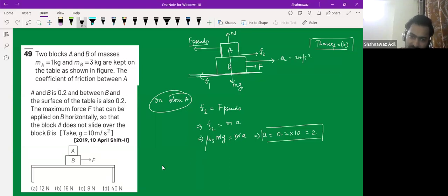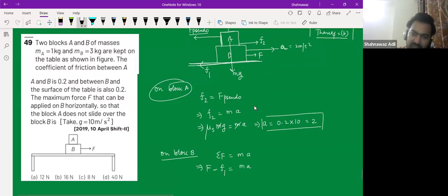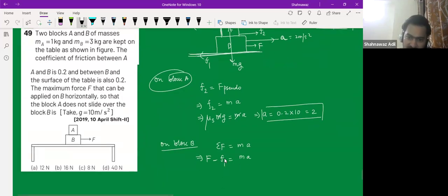Now, if we write the free body diagram on block B, what would that be? We have summation of F is ma. And how much would this F be? F in this direction minus this F1, and this is ma. But this F1 would be due to the normal reaction.